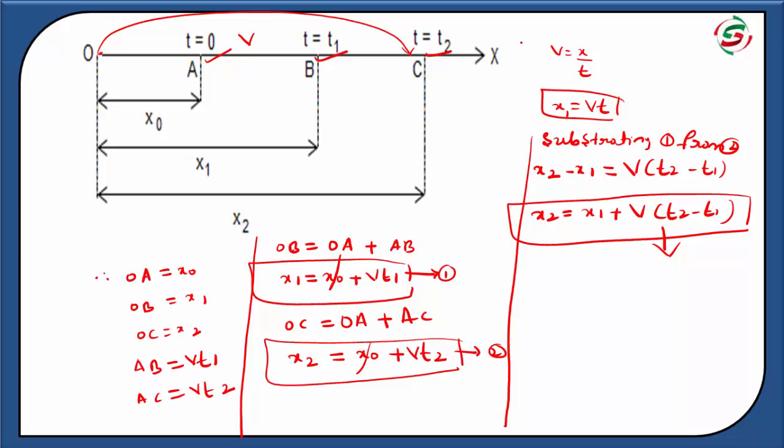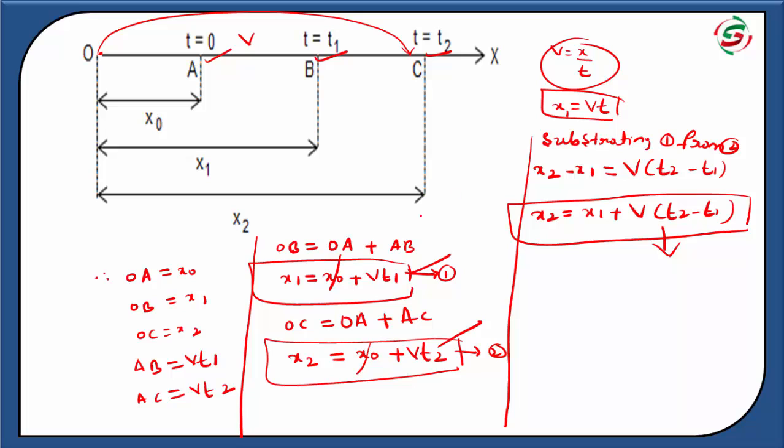Along the straight line OX, with O as the origin. Here OA equals x0, OB equals x1, OC equals x2, and AB equals velocity with respect to time. From this formula, AC is equal to V into T2. From this diagram, we can write equations 1 and 2.